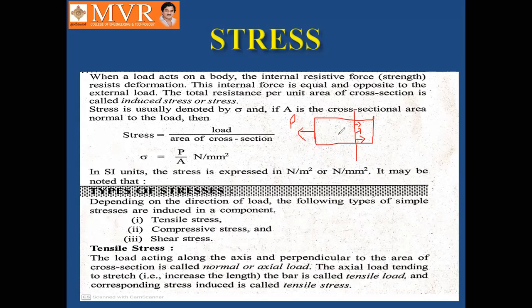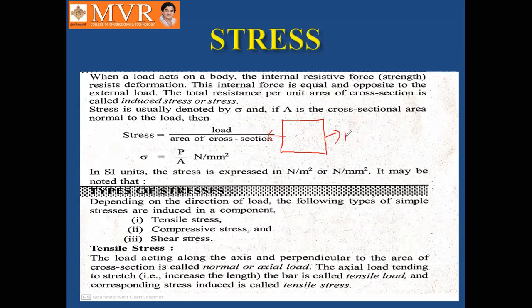How does the stress distribution vary from section to section? Suppose we consider a beam here.